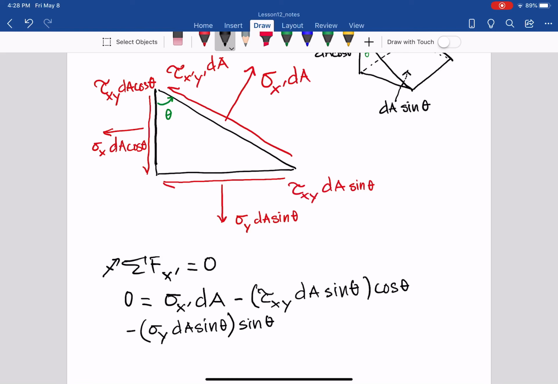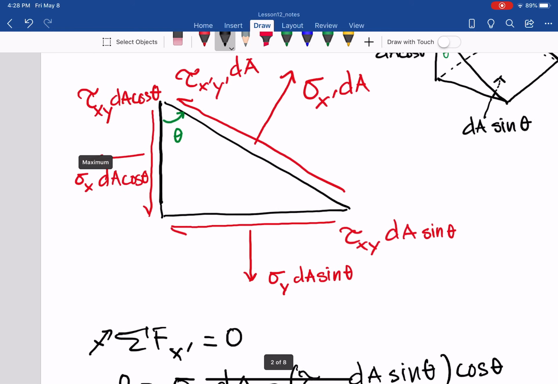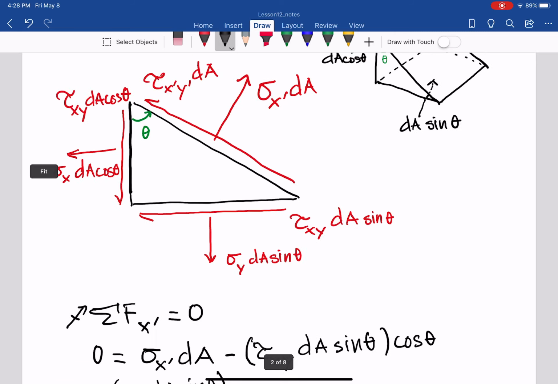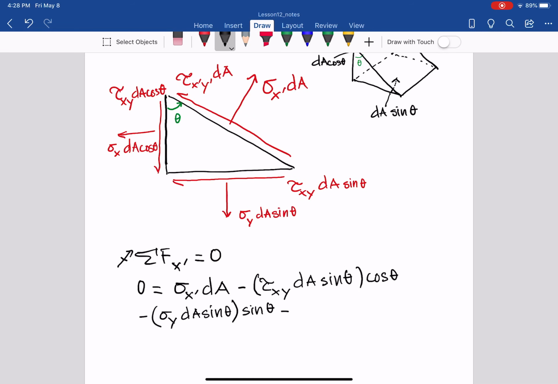And then you also have on the vertical plane, which is sigma x dA cosine theta and tau xy dA cosine theta, we also have that as well. So we have negative the force tau xy dA cosine theta, and to make the projection that becomes a sine theta.